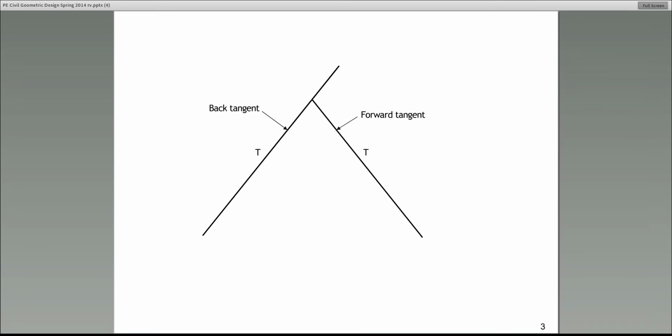You're traveling along a straight line like this, and then you want to travel and change direction to a different alignment. What we need to do is provide a smooth transition between what we call the back tangent and the forward tangent. So the first alignment that you're traveling on will turn into, in this case, a simple curve, which is also called a circular curve.